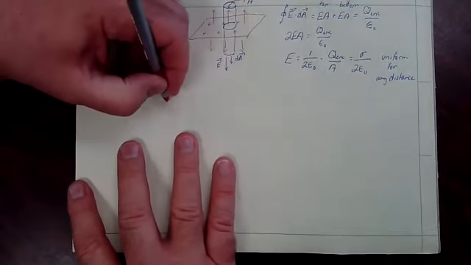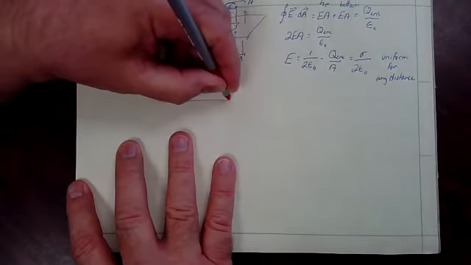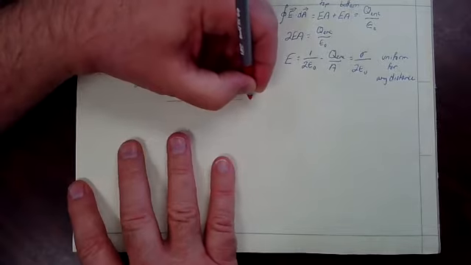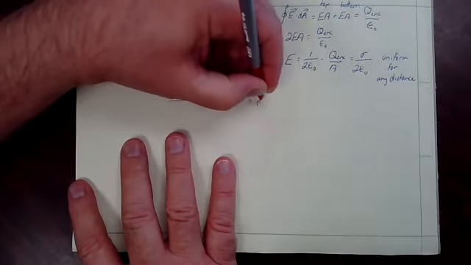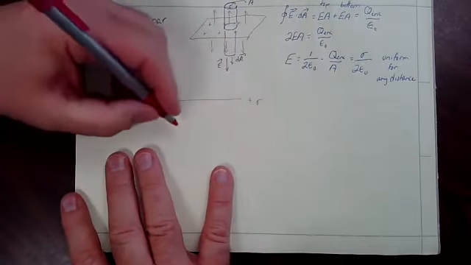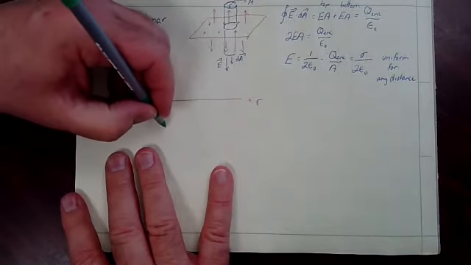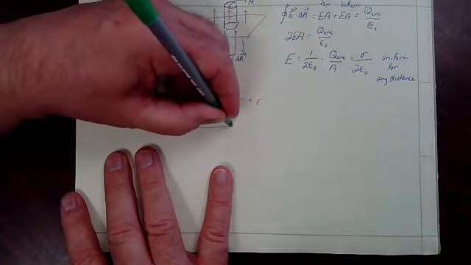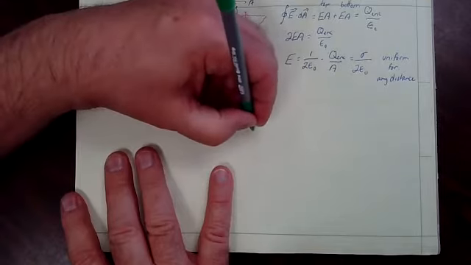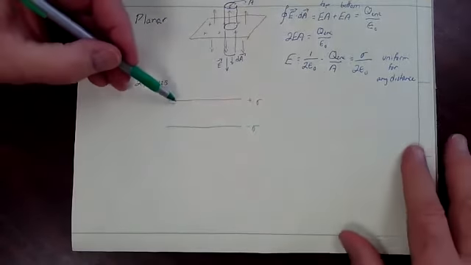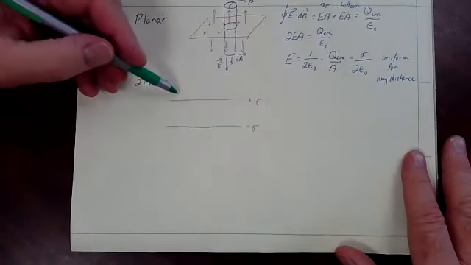On this top plate, I have a positive charge density, plus sigma, and on the bottom plate, I'm going to have a negative charge density, negative sigma. So I have two plates of charge, positive and negative.